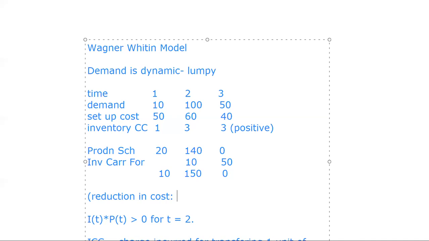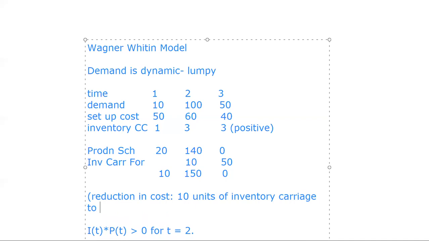The reduction in cost is 10 units of inventory carriage to period 2 being saved, and production is transferred to period 2.